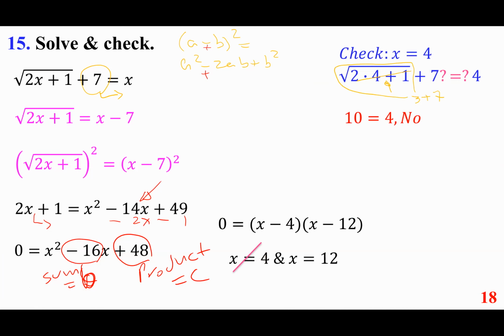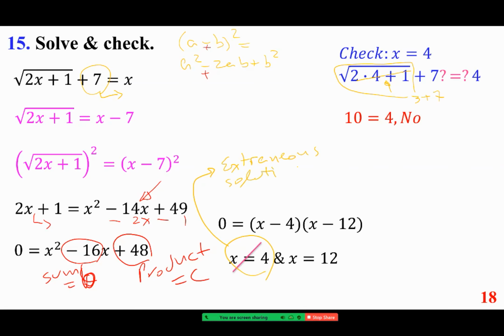What happens is that in the process, we created what is called an extraneous solution. Meaning an extra solution, which was found mid steps, but it will not work with the original equation.